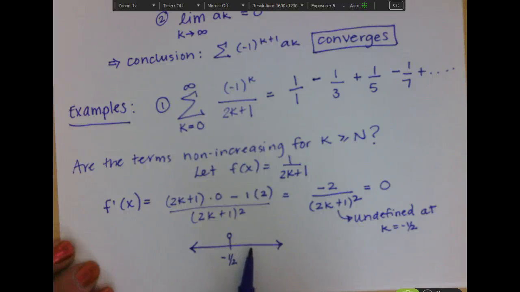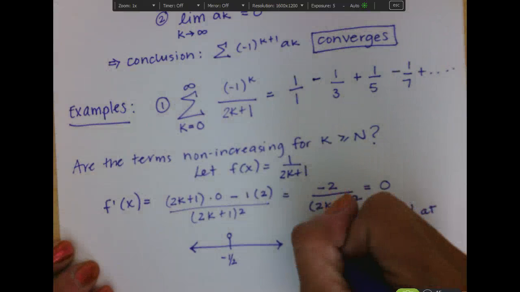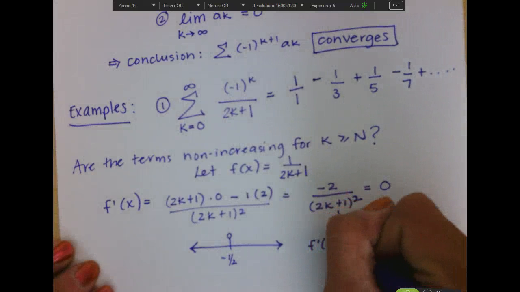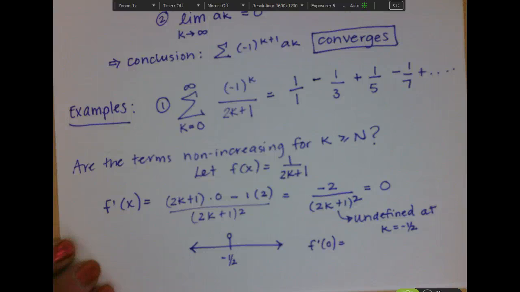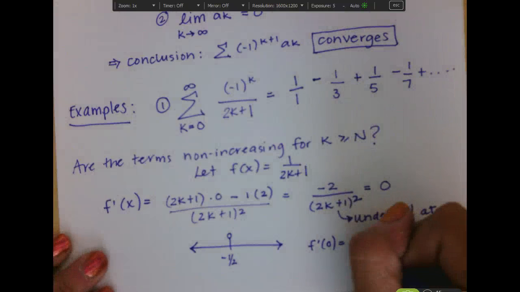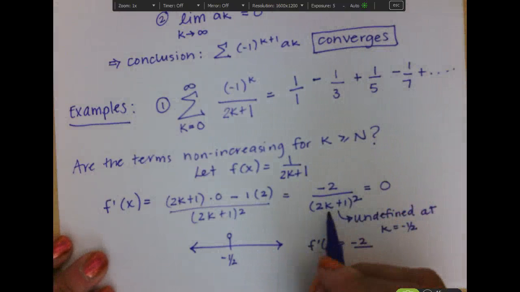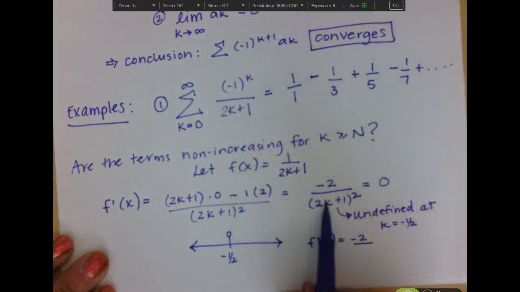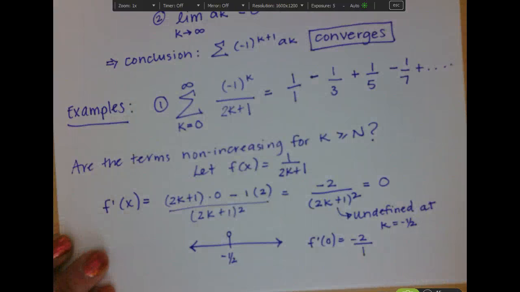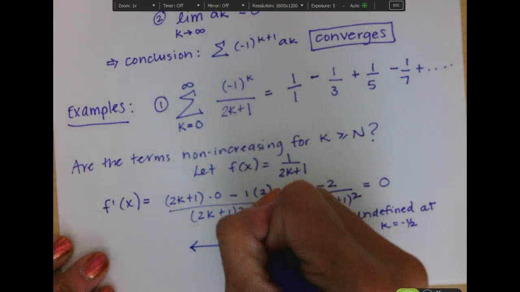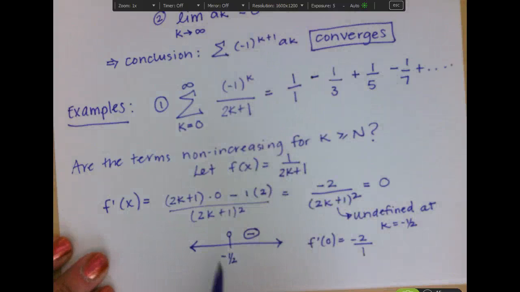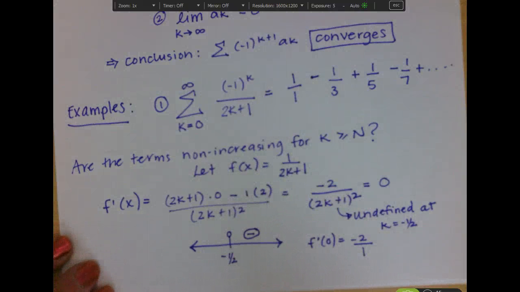Let's say I use 0, that's a good value. Let's plug 0 into our derivative, and I'll get negative 2 over 2 times 0 is 0, plus 1 is 1, squared is 1. So in this case, I get a negative, which means that everything to the right of negative 1/2, everything bigger than negative 1/2, is going to be negative.